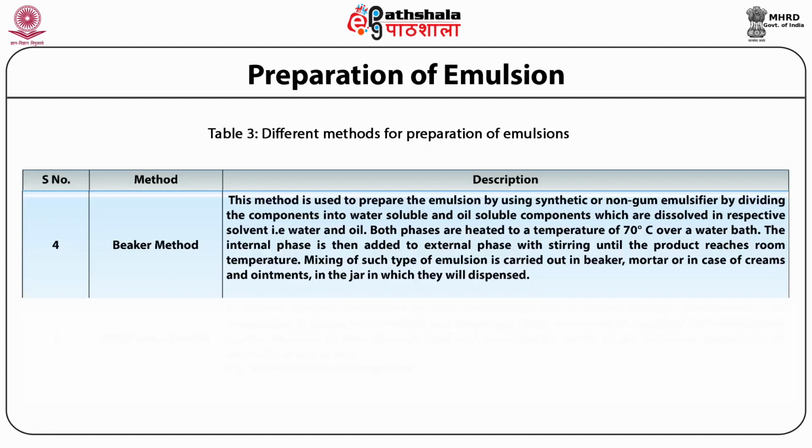Both the phases are heated to a temperature of 70 degrees centigrade using a water bath. The internal phase is then added to the external phase with stirring until the product reaches room temperature.